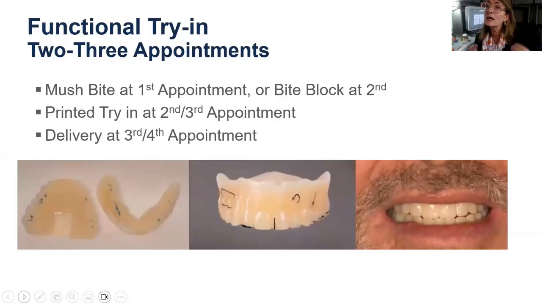And you can make adjustments to that functional try-in, whether it be the occlusion, you can see to the far left-hand side, that was adjusted. You can take a Sharpie marker and actually draw on the printed functional try-in. So maybe you want the midline shifted, maybe you want to open up the buccal corridors, lots of opportunities there.